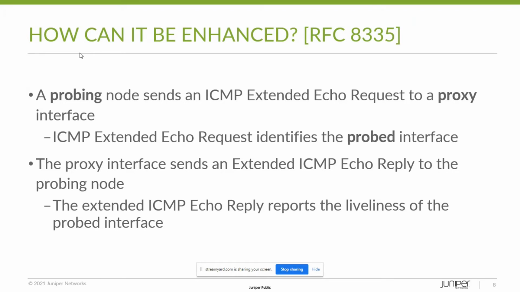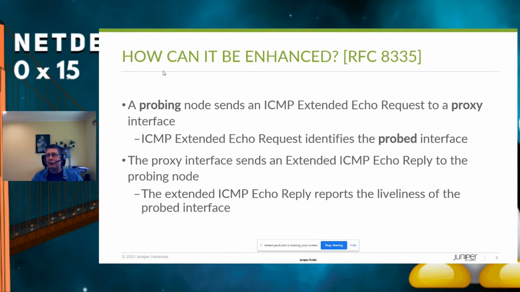So you're sending an echo request to node A, asking about the status of node B. The proxy interface sends an extended ICMP echo reply to the probing node, and it reports on the liveness of the probed interface. So what's happened? You've sent an echo request to node A, asking about node B. Some node sends a response saying the status of node B is whatever.